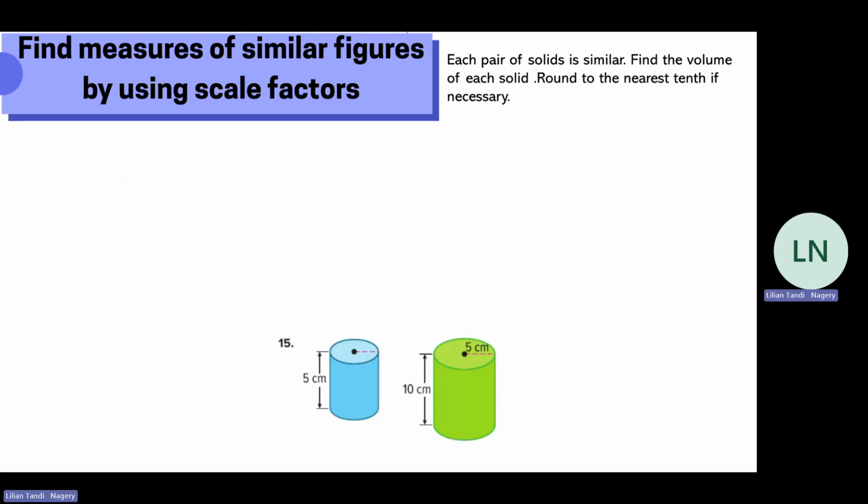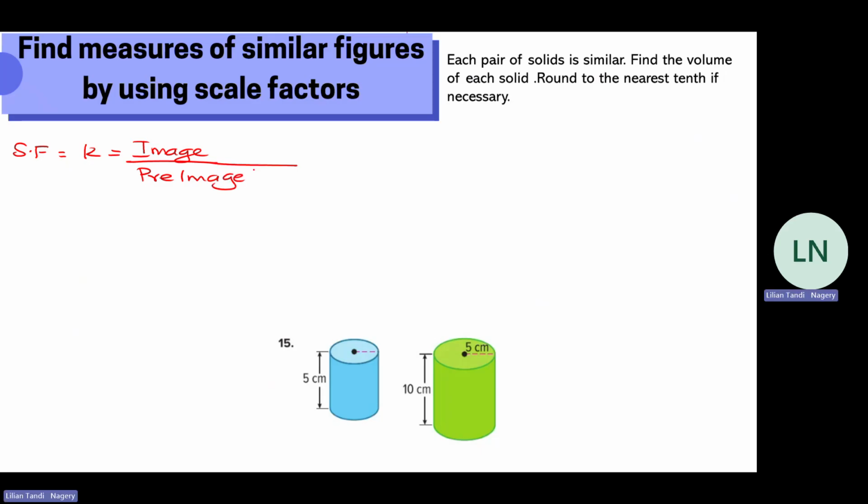Okay? Now I have a cylinder. So let's find scale factor. Scale factor is equal to K, which is equal to image divided by pre-image.